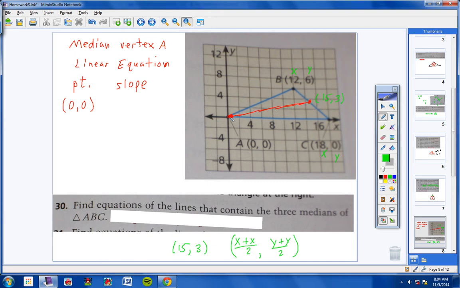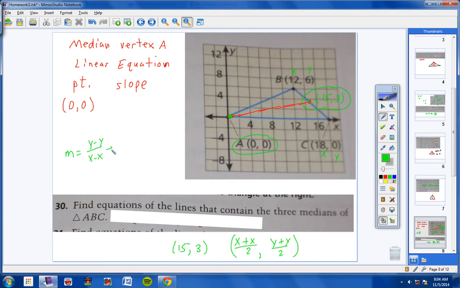So, I now know this point here lies on the red line, and this point here lies on the red line. So find the slope. Remember how to find the slope, guys? You should. Slope is y minus y over x minus x.